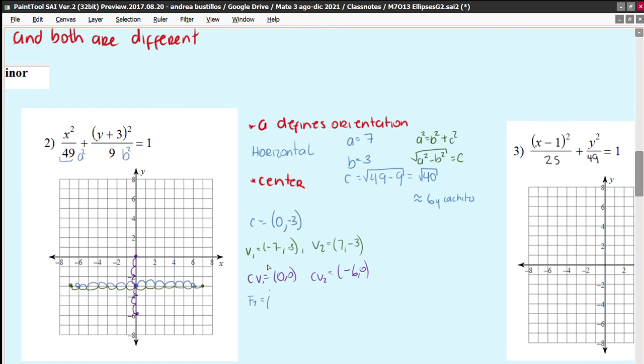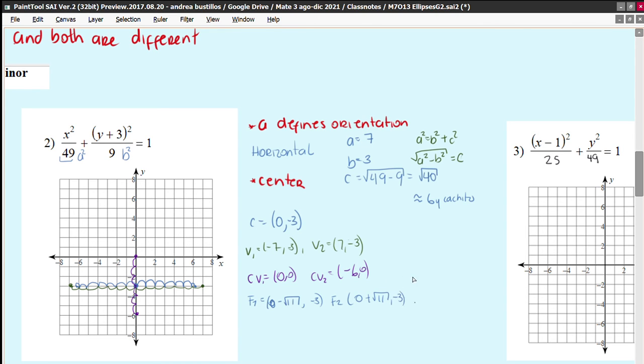Now, those coordinates are clearly, if I started from my center and I moved horizontally, then one coordinate for my focus is the original coordinate for the center minus the square root of 40, and the other one is 0 plus the square root of 40.